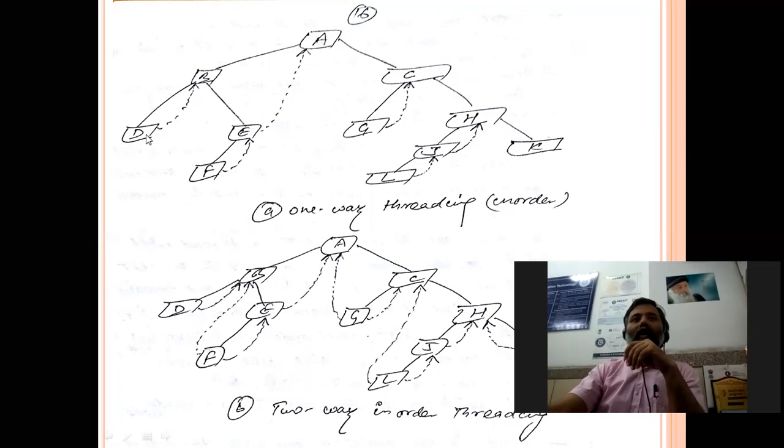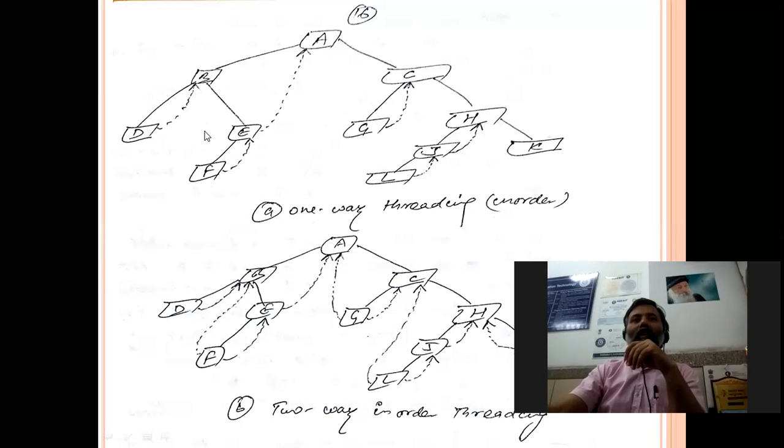If we thread this binary tree, this right pointer will be replaced by a thread, that is a pointer which points to the next node in the in-order traversal of this binary tree. So this right pointer will point to B.